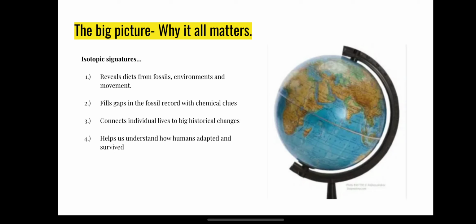They also help fill in the gaps in the fossil record, where bones might be incomplete. Isotopes give us chemical clues that complete the story. Most importantly, isotopes connect individual lives to historical changes. Things like agriculture, migration, and climate shifts all show how people adapted to changing environments and how communities evolved.